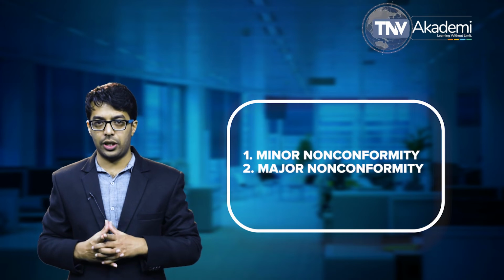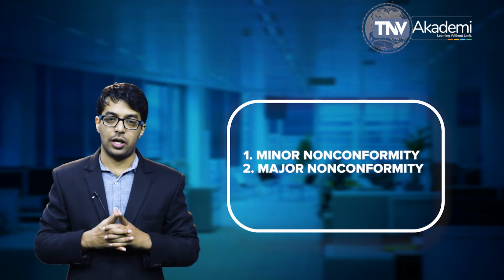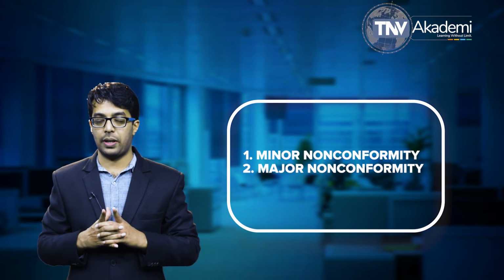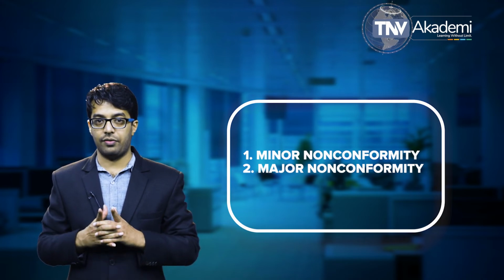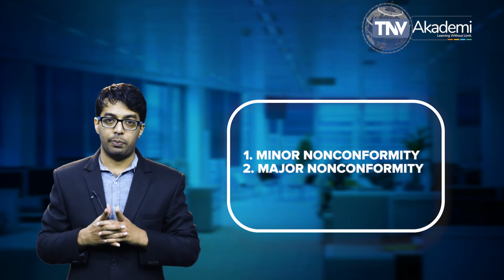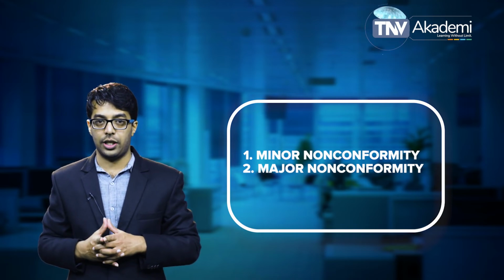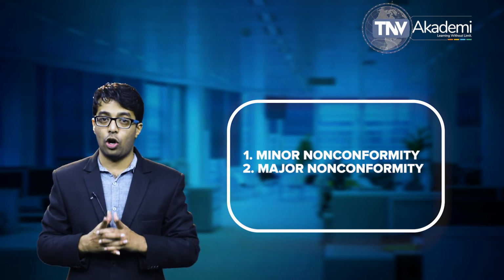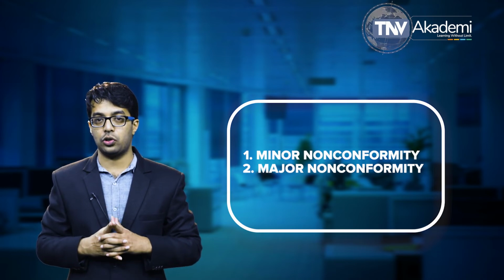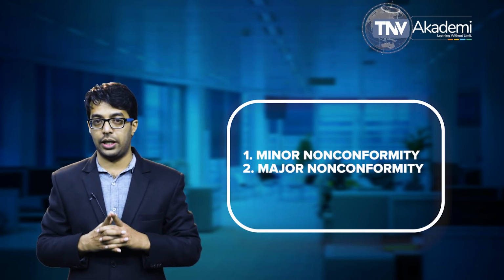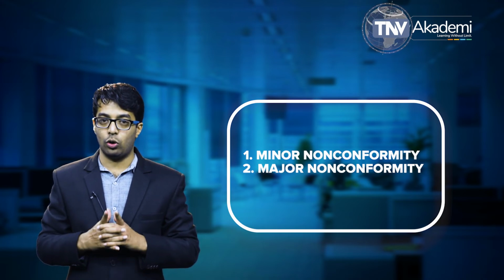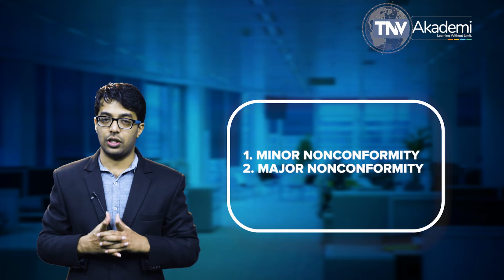Since the company mentioned in its scope that it is manufacturing solar components like solar cells or solar panels, it must have legal clearance from the concerned government department, though the company is actually buying the solar components from a third-party company and not manufacturing them itself. In this scenario, since the company could not produce the government license for solar component manufacturing, it comes under major non-conformity, though they are fulfilling the needs of customers.